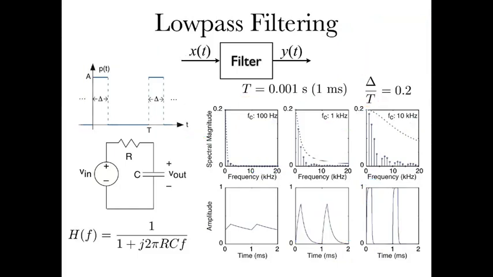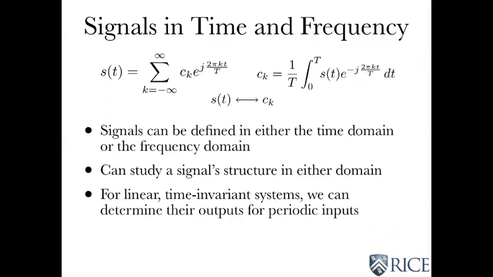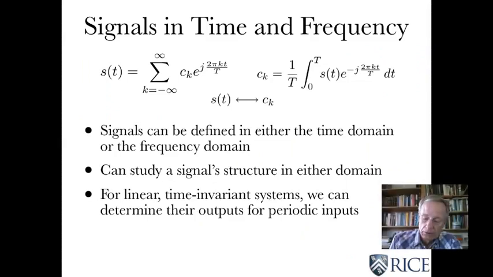Okay. So, signals can be defined either in time or frequency. What I concentrated on in this video are frequency domain characterizations of signals. So the idea was I started with C sub k's and I used that to construct signals.